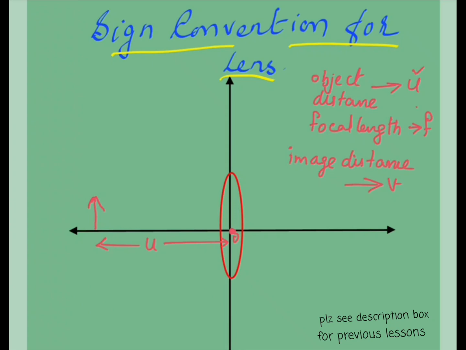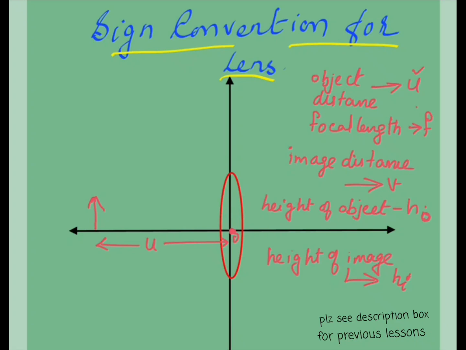Then we have the height of the object, or size of the object. Height of object is usually represented using H suffix O, where O is object, and height of image is represented using H suffix I, where I is image.